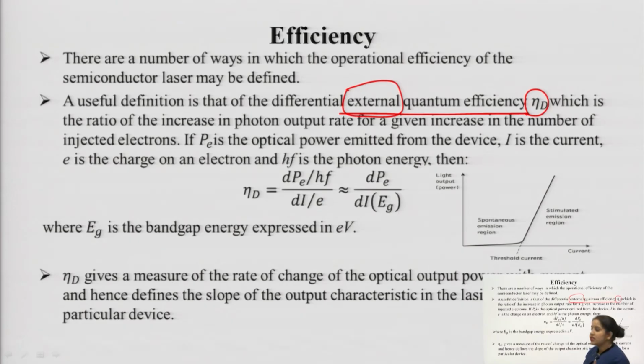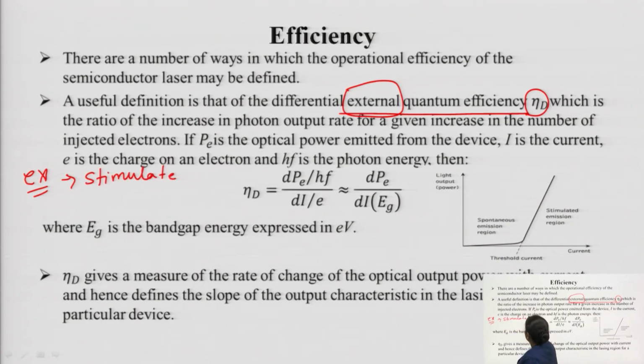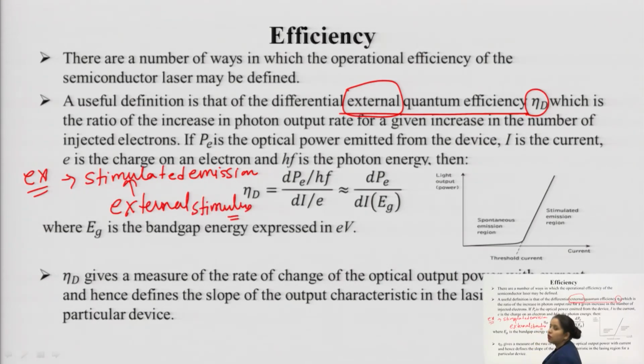External quantum efficiency is used for stimulated emission because for the existence of stimulated emission we require an external stimulus; only then is stimulated emission possible, and this is the main reason for the power output of the laser.